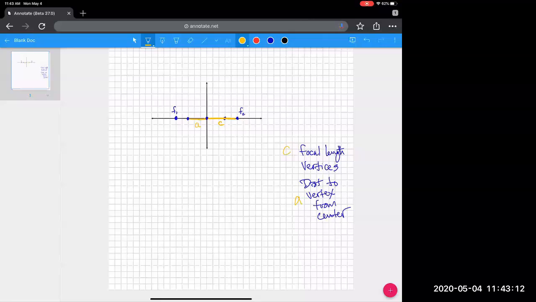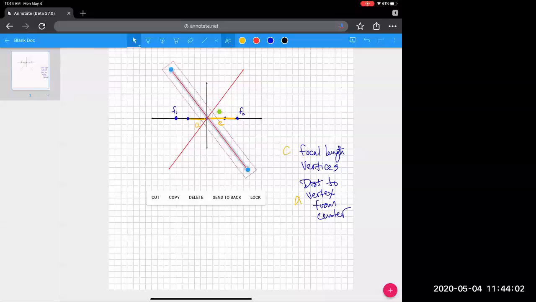So I'm going to draw in my lines here. I wanted that to be red. There we go. I think that's right.